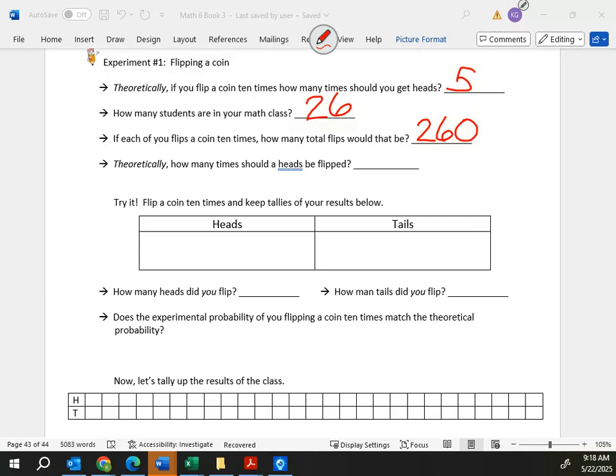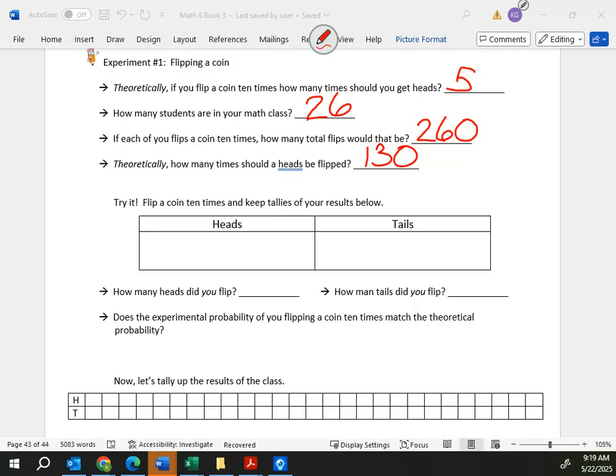Lexi? 130. How'd you get that, Lexi? Took 260 and divided by 2. Yeah. If we have a total outcome of 260 and we have it divided by 2, we would get 130 heads, 130 tails. Theoretically, that's what should happen.